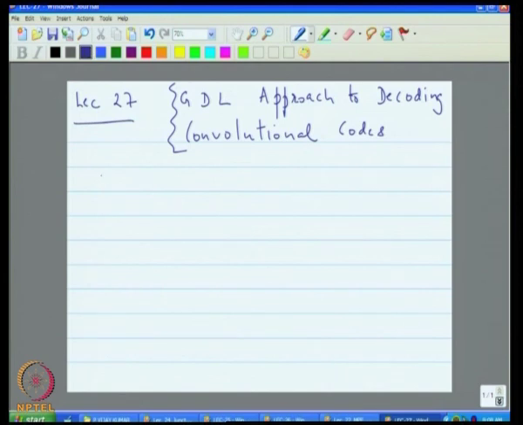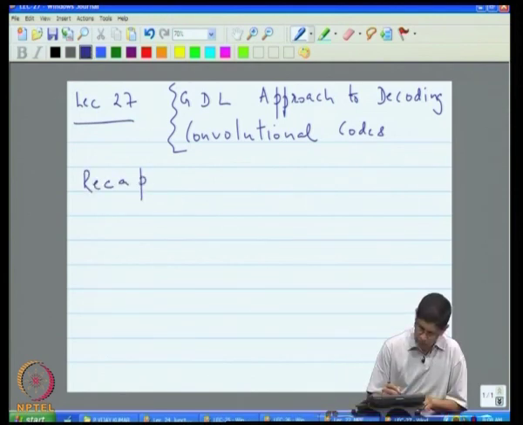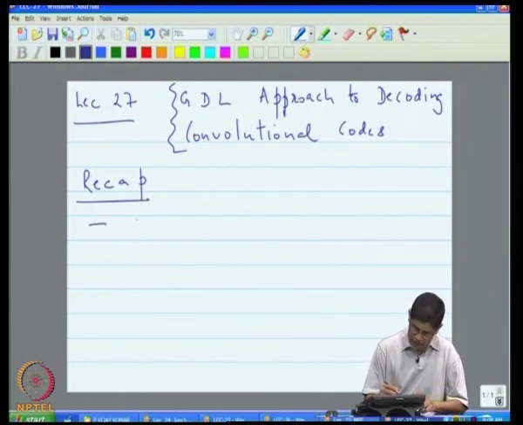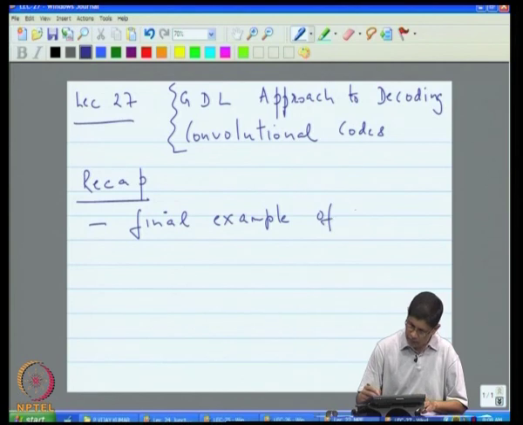In the previous lecture I gave you our final example of junction tree construction.